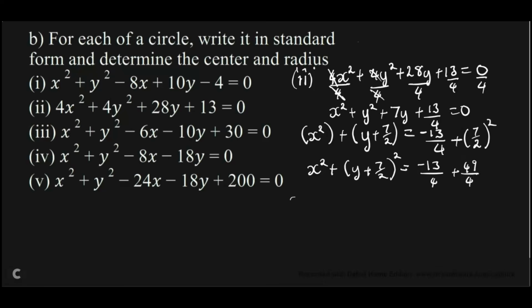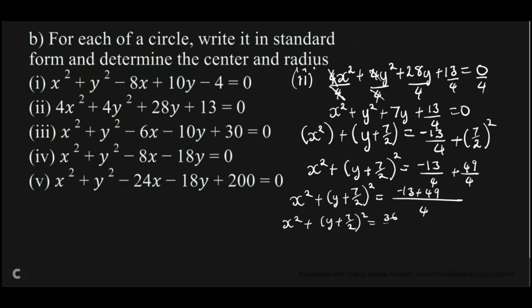So in this situation, you have x squared plus y plus 7 over 2 squared equal to negative 13 plus 49, such that you have 36 over 4. Then you have y plus 7 over 2 squared equal to 9, like that, right?